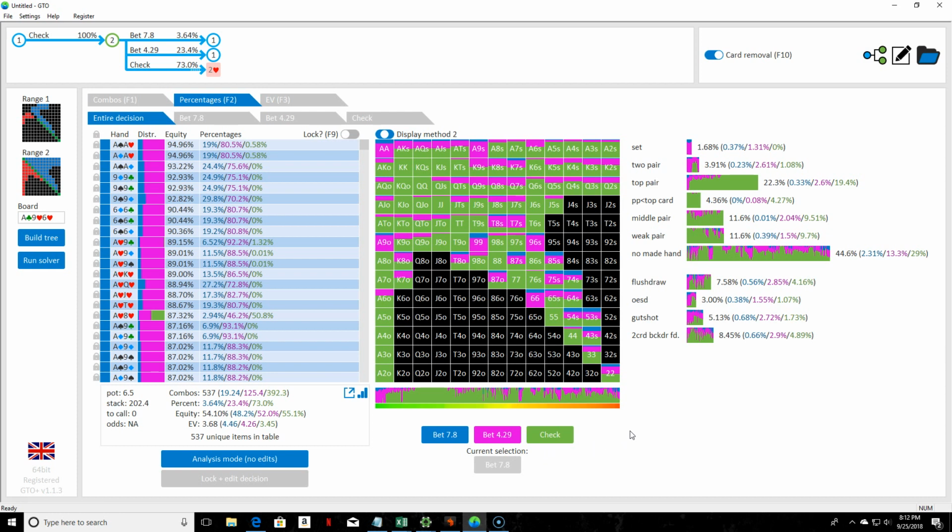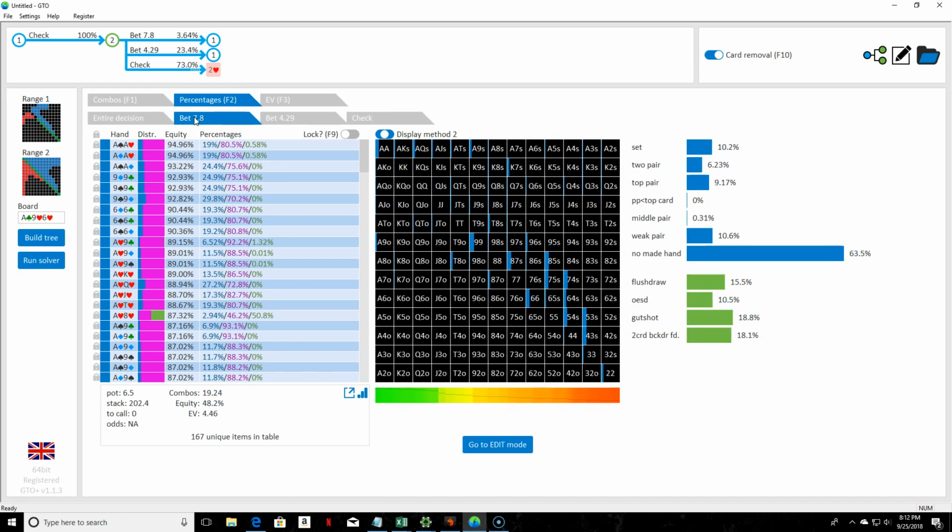So if you look at this particular chart, we can see that for the most part we are going to be checking a lot. We're not going to be overbetting a lot. In fact, I can just show you right here, if I click on this button, bet 7.8, this is going to show which hands we would be overbetting with. And even still, GTO Plus suggests that most of these hands we're just going to put a normal bet size of 66%, 2/3 pot.